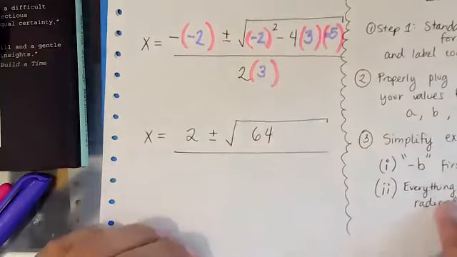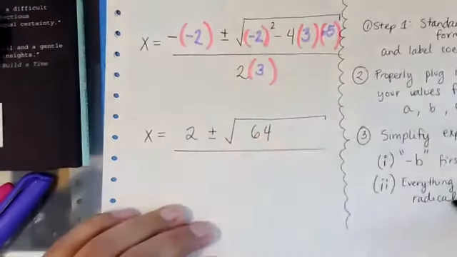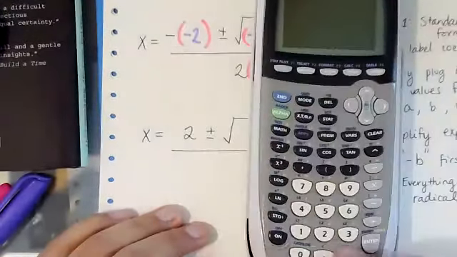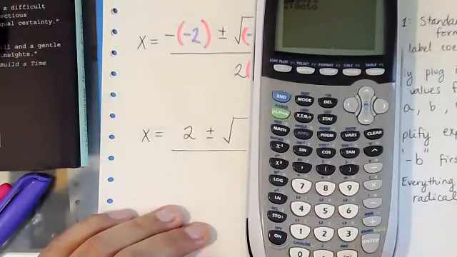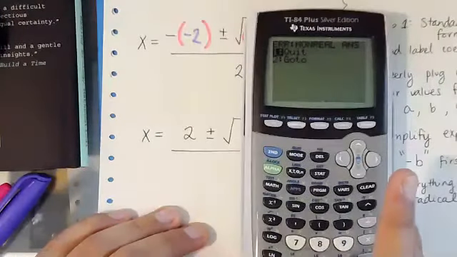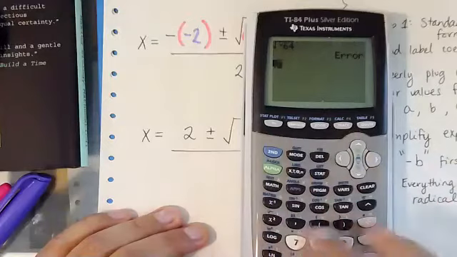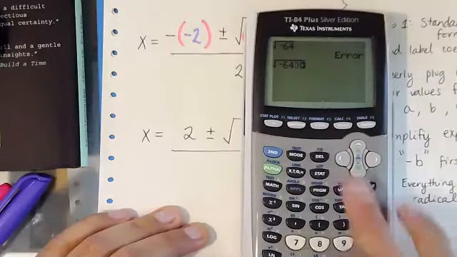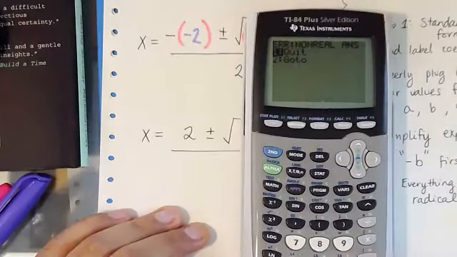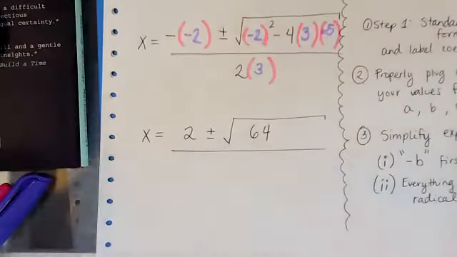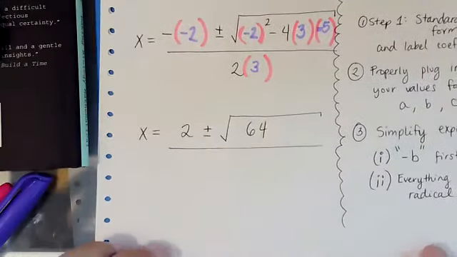Anyway, if you were to get a negative number here, obviously, if I got negative 64, for instance, the calculator wouldn't be able to handle it. Negative 64 gives you an error because that's an imaginary number and the calculator just doesn't deal with imaginary numbers.